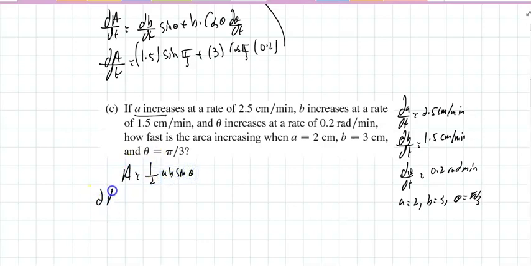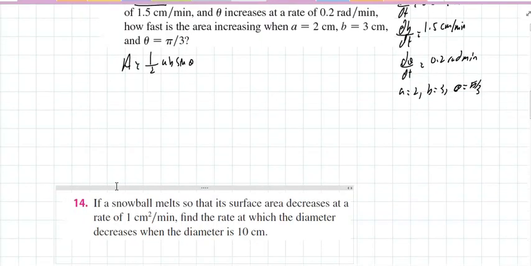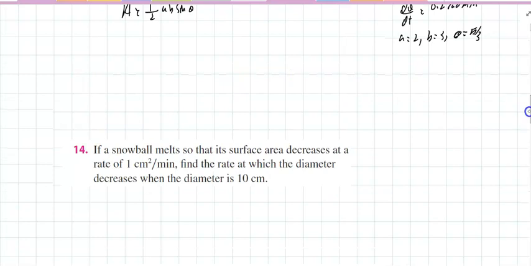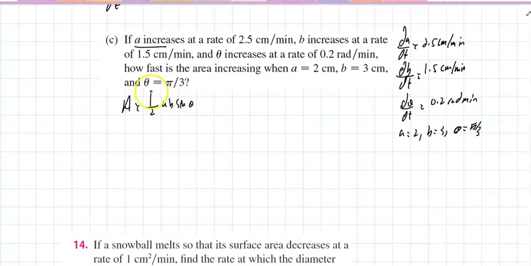When I take a derivative, the dA dt, the 1/2 I leave alone. I want to write this slowly and nicely. Let me show you all this in sequence. dA dt is going to equal 1/2 product rule.